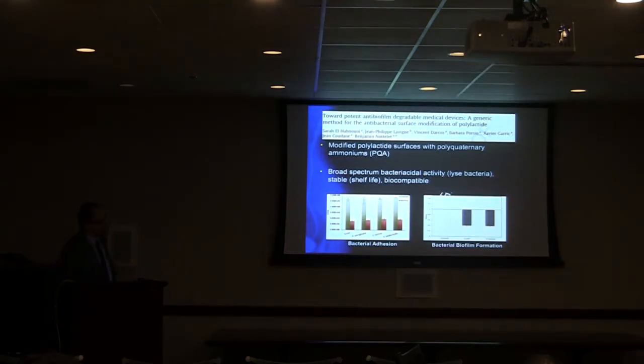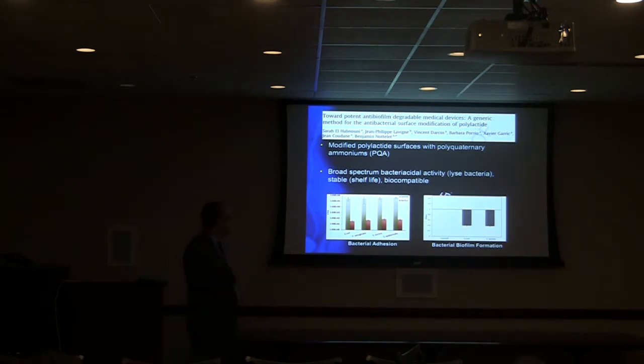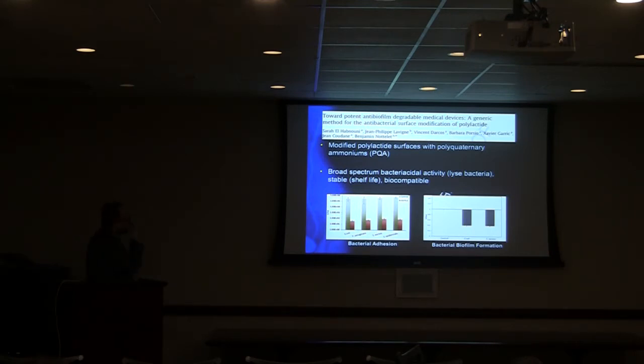So what has been tried since? Well, there's been a move towards biodegradable materials. Here's an example of a modified polylactide surface with polyquaternary ammoniums, which is all fancy terminology to me, but I'm sure it makes sense to you guys.